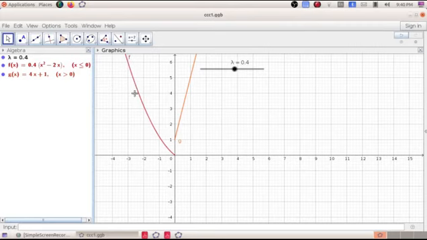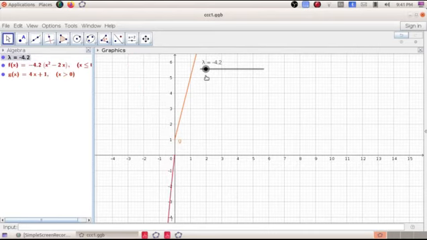We know that for all real numbers less than 0 the function is lambda into x square minus 2x. This is the graph of lambda into x square minus 2x. Here I am taking lambda is equal to 0.4. Now if you change lambda, this curve changes like this.